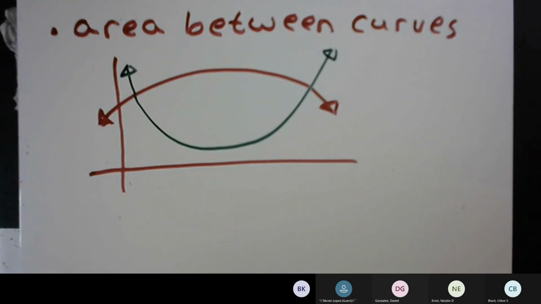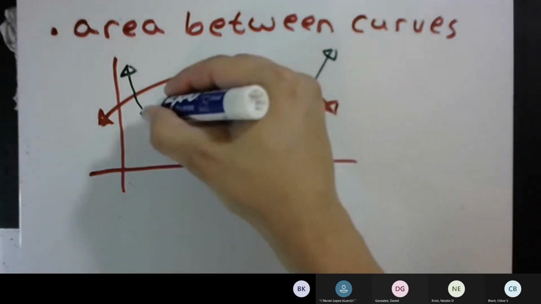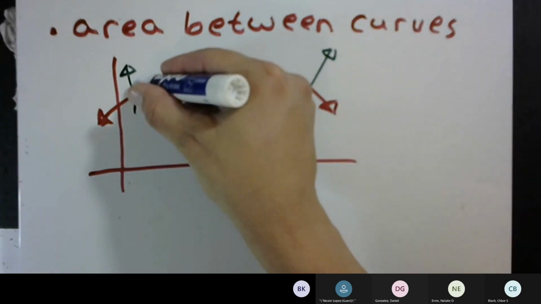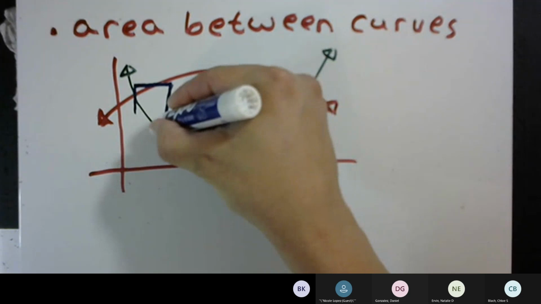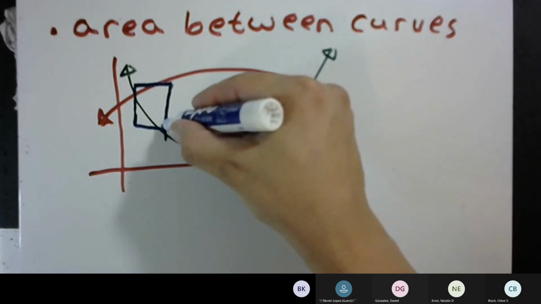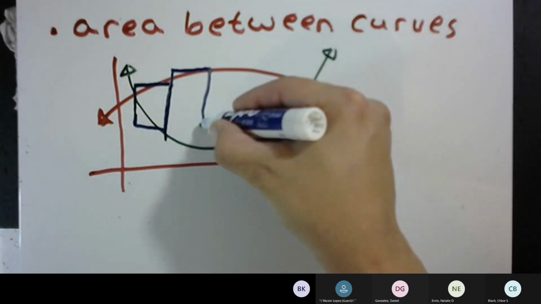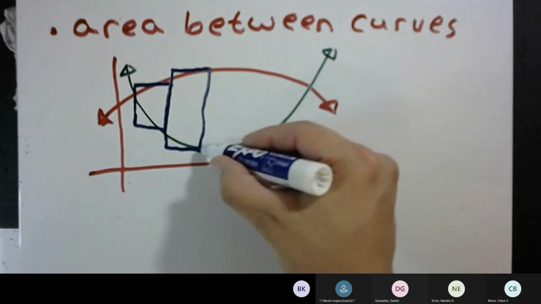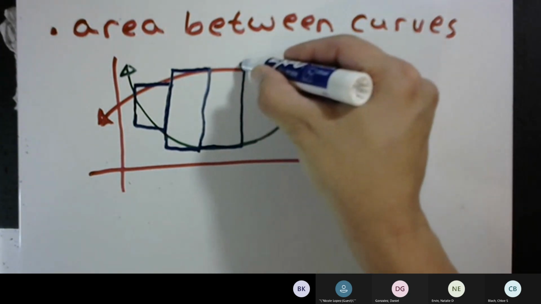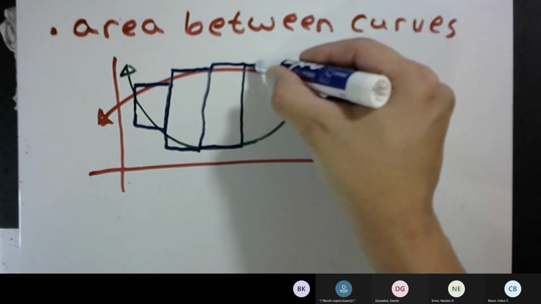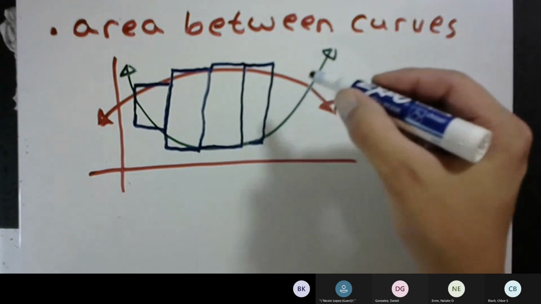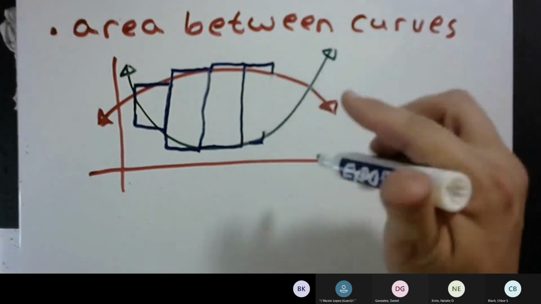And the way we handle this, it's the same as before. We're going to approximate these areas using rectangles. Pardon some artistic license.